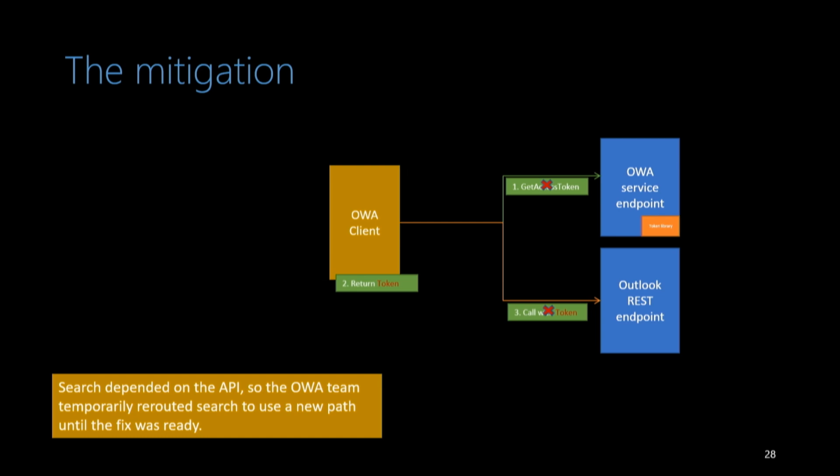And since search is very critical for any meaningful OA experience, the OA team rerouted search back to the Outlook endpoint, which was not optimal, but it made the client work nonetheless. There were some minor functionality losses, but we were okay with that at this stage. But the most important thing at this point of time was this issue could not be exploited anymore.